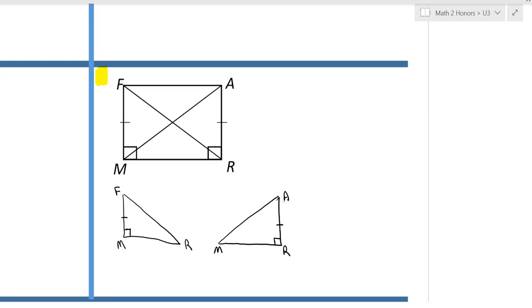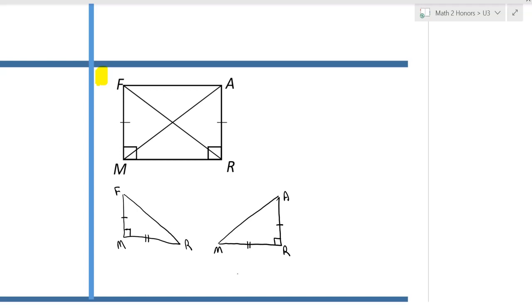They both have a side congruent to a side, but looks like we're still missing a piece, right? But before I separated them, they were sharing a side. MR is congruent to itself. And so that's the tricky part, to see that MR is congruent to itself. It makes sense once you see it, but at first it may be hard to see that.